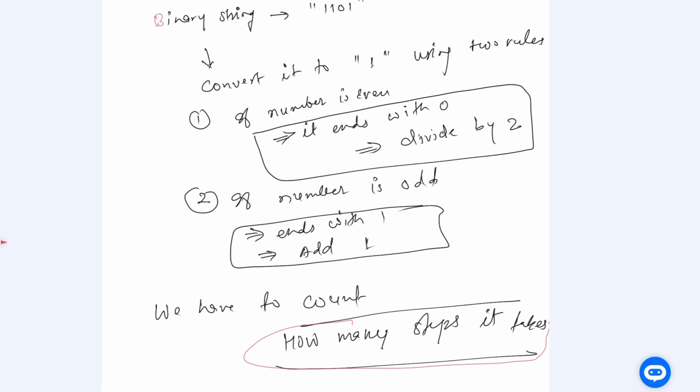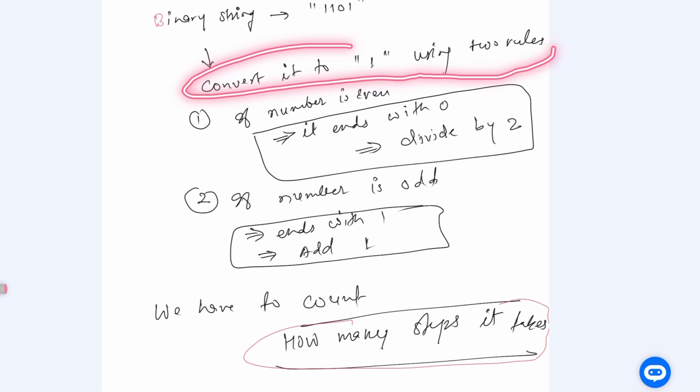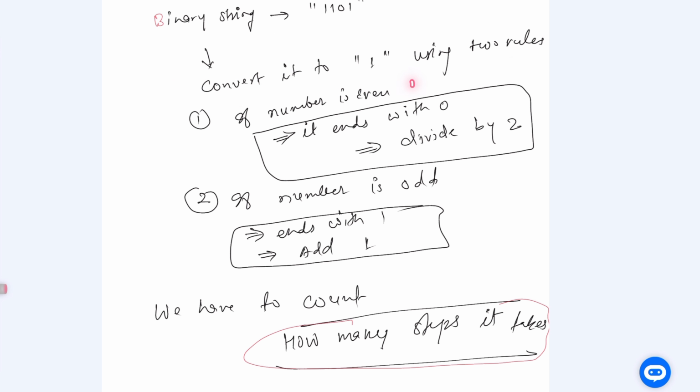Understand, guys? The very first thing is that we are given a binary string, and we have to convert it to 1 using these two rules. If the number is even, it ends with 0, and we divide by 2. If the number is odd, it ends with 1, and in this case we add 1 and do not divide.